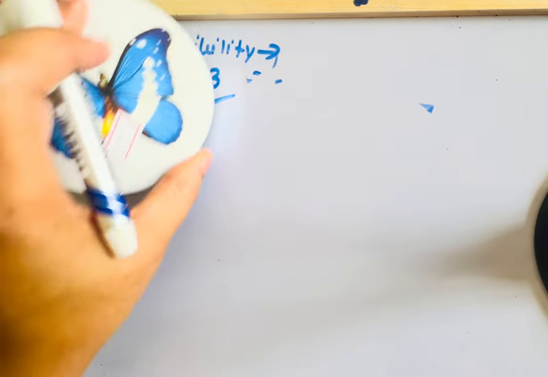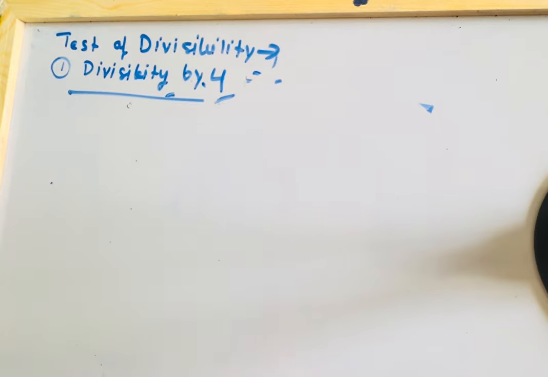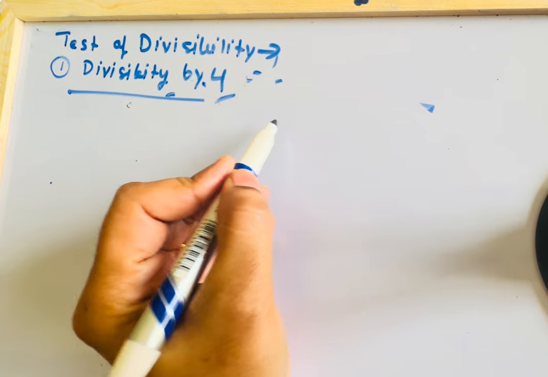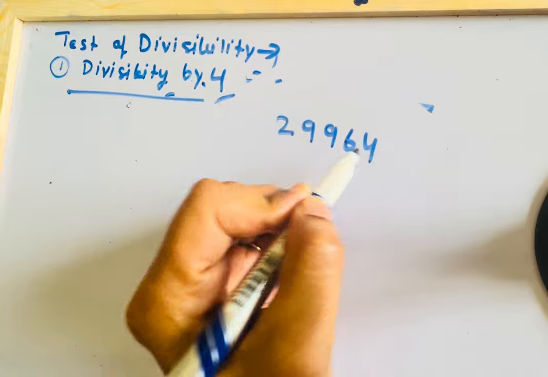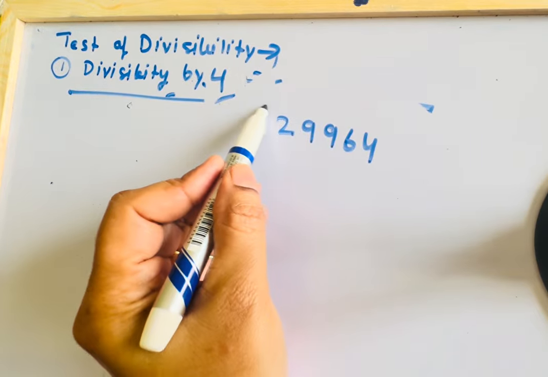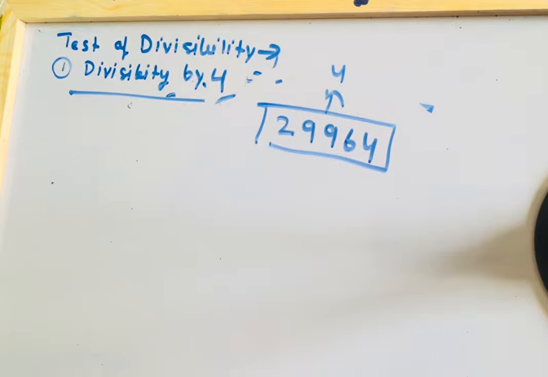Now, divisibility by 4. If any number is given, how do you check whether that number is divisible by 4 or not? For example, 29,964. You want to check that number is divisible by 4 or not. How to check?